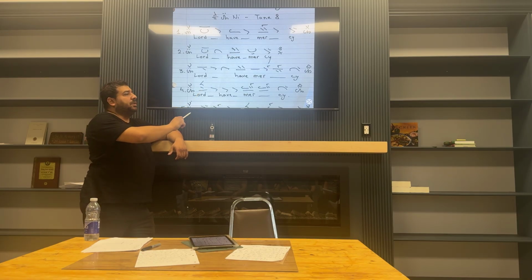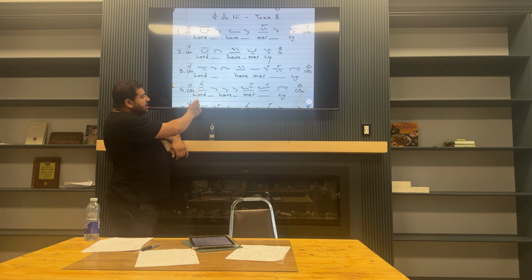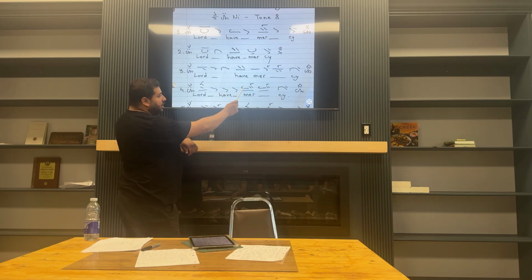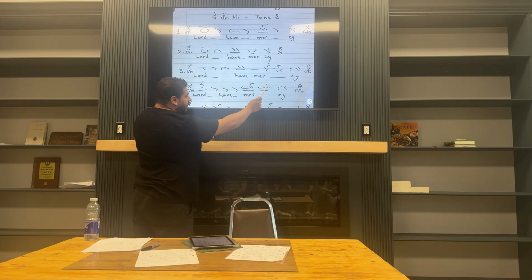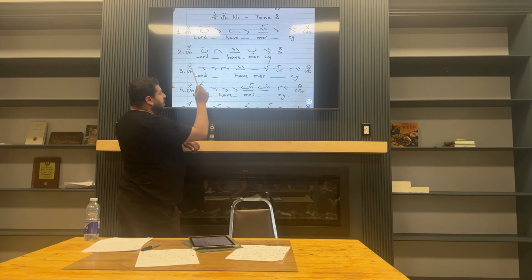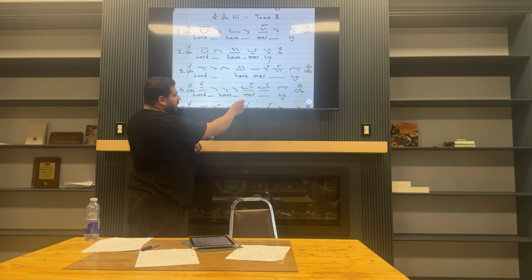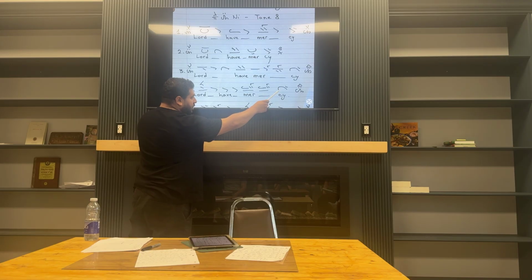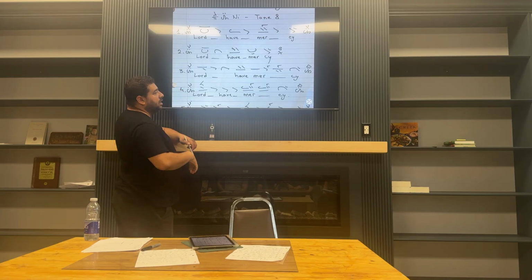Ni paluga di kezoni. Lord, have mercy. Ni zo ke di ke zo di. You see, that's another combination. Those two are taken together because the gorgon sits on the kentemata here and takes the ison into it.